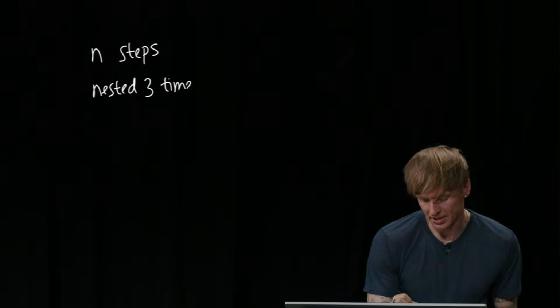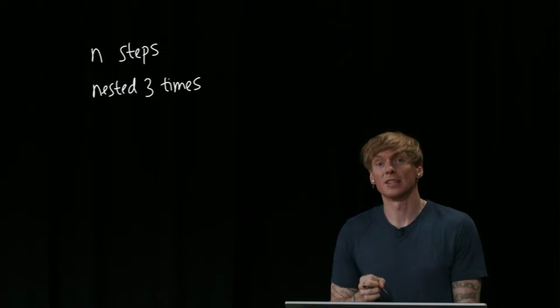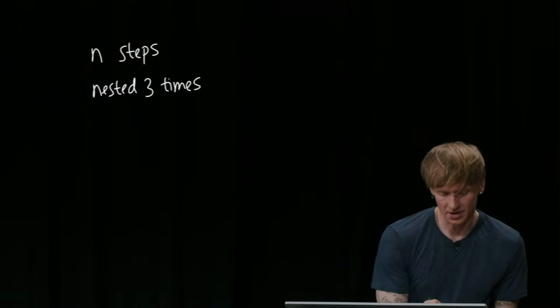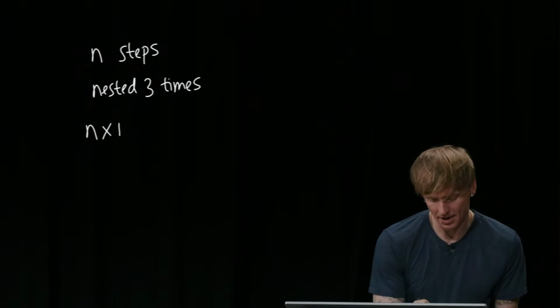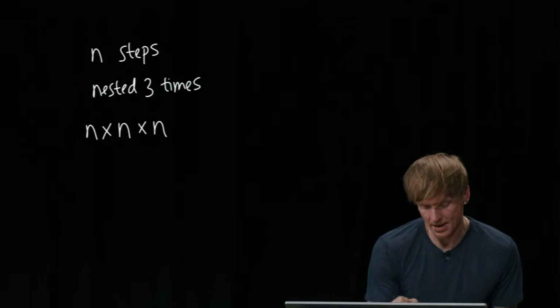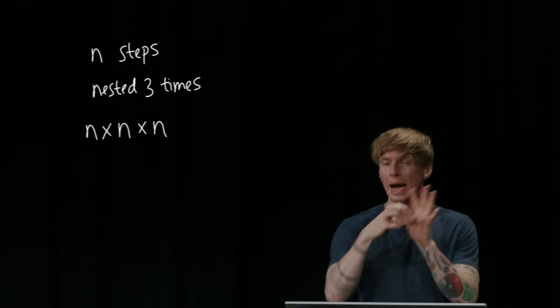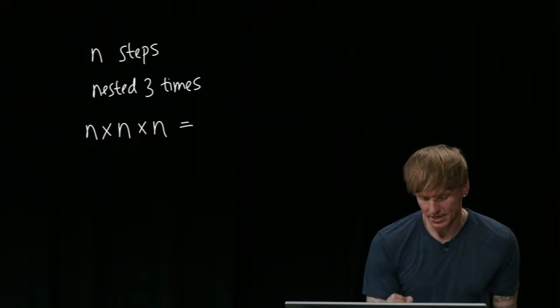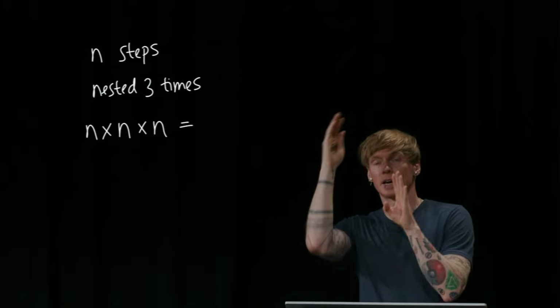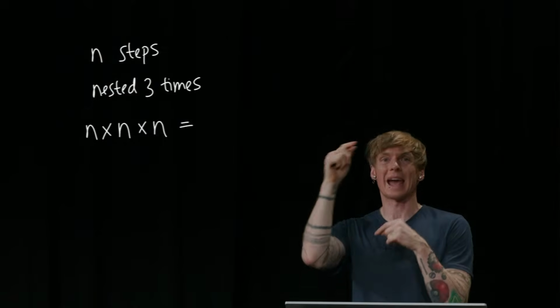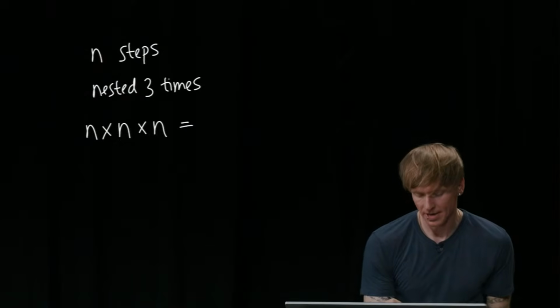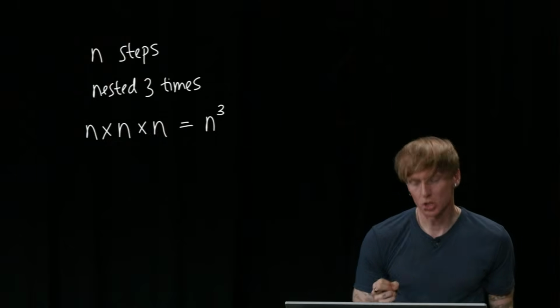So sort of one inside the other inside the other. And so what that would mean is that we're running it n multiplied by n multiplied by n. And so the overall runtime, or the overall power of what we're seeing there, is going to be n to the 1 times n to the 1 times n to the 1, and we add all of those powers. So that would be n cubed.